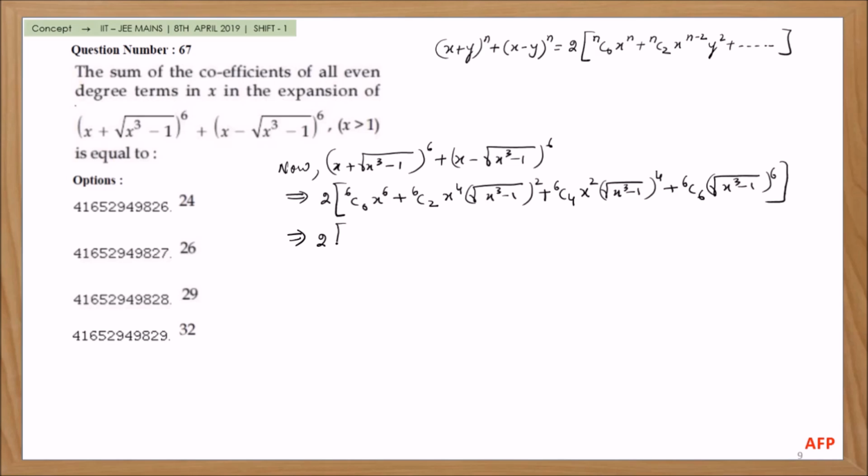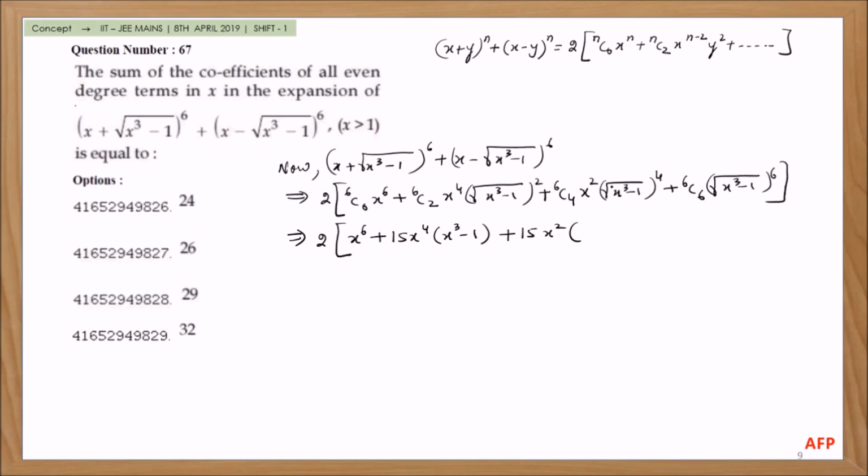So 2 times as it is, 6C0 is 1, 6C2 is 15, x raised to 4, and the square and square root will get cancelled. So this is what we are having. 6C4 is also 15, x square.